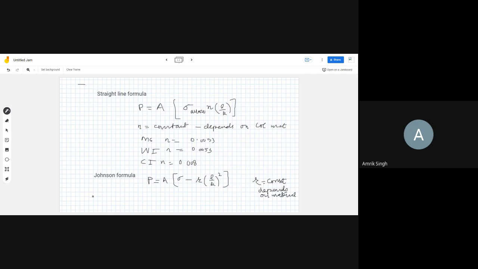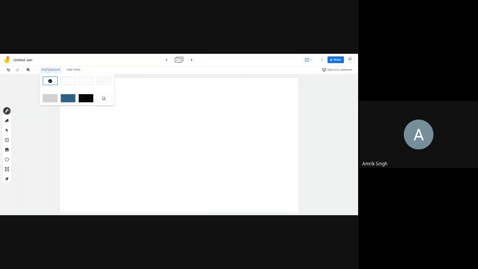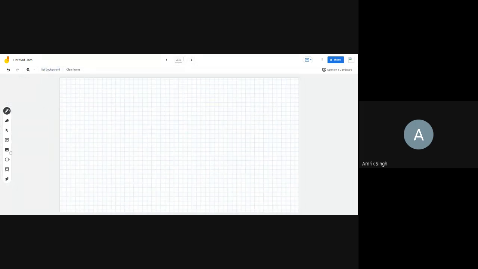So this formula is also sometimes used. There is one more formula that is known as the Gordon formula.